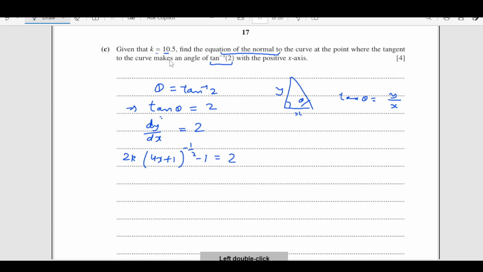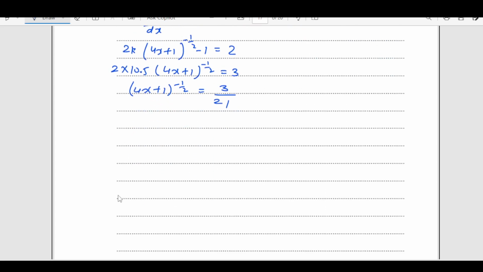Now substituting k as 10.5, 2 times 10.5 is 21, so 21 times 4x plus 1 power negative half minus 1 equals 2. So 21 times 4x plus 1 power negative half is 3, so 4x plus 1 power half is equal to 21 over 3... Now cross multiply: this is a square root, so the square root of 4x plus 1 equals 7.